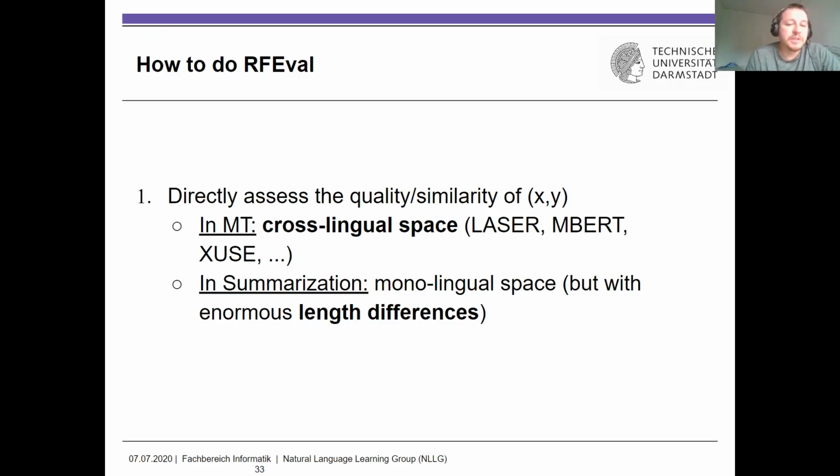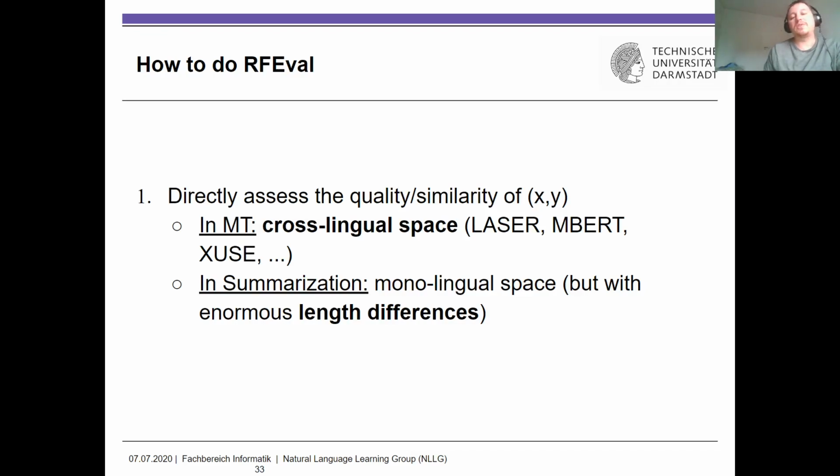In summarization, what we could do is we stay in a monolingual space. Usually summarization is just in one language, even though there are also other cases where people want to summarize in a different language. For example, for an English reader, it would be convenient to have a summary of Chinese web pages in English, of course, but the standard case is still that summarization is monolingual.